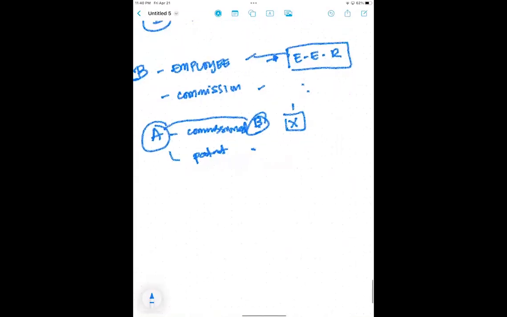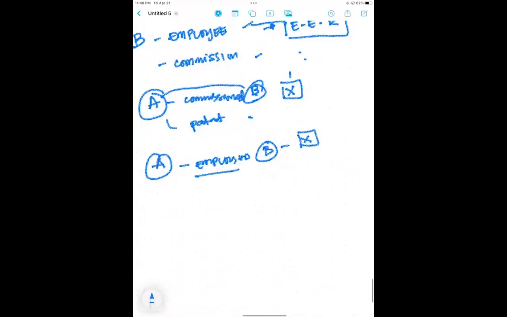But if, let's say, the problem states that A employed, so there is an employer-employee relationship, A employed B, and B was able to come up with X. Who owns the patent? If this is the case, remember the problem: A employed B, and B was able to come up with X. There was no mention that A employed B for the purpose of coming up with X. Supposing he hired B as his counsel, but B actually has a scientific mind.